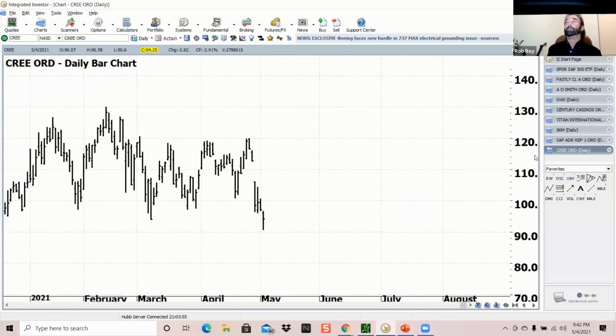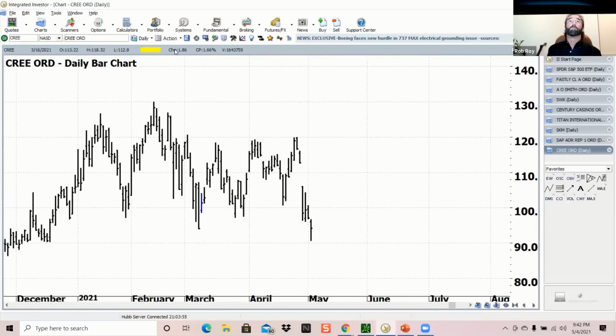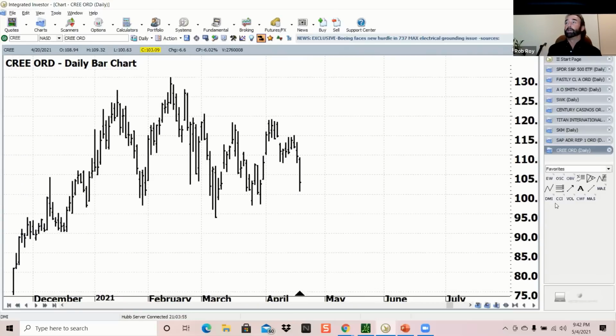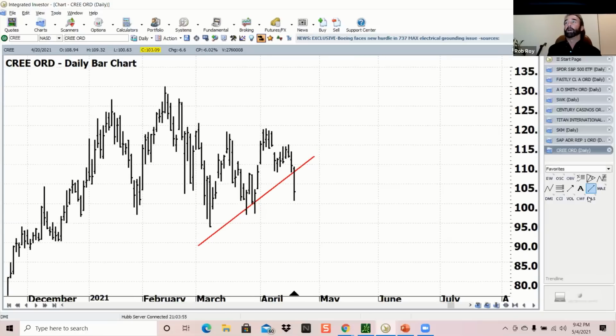This was another strangle that we looked at on the 20th. And you can see we had already a downward day. And then as we move forward, came back up.